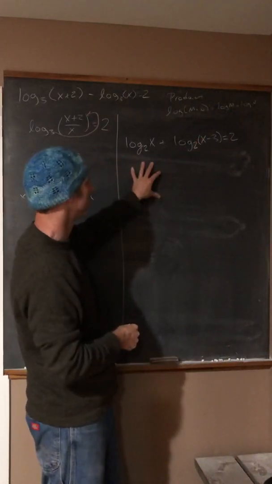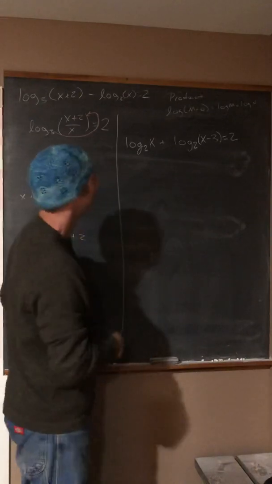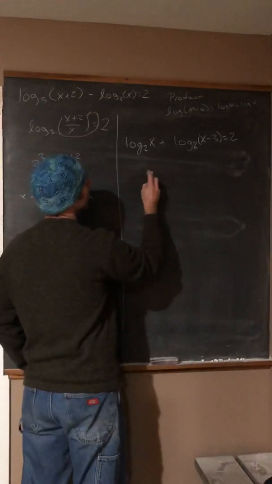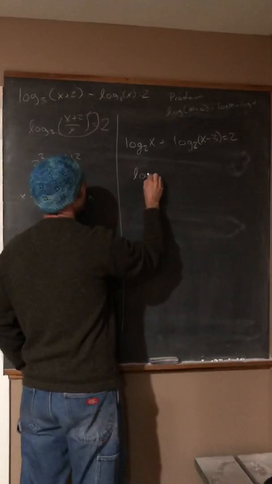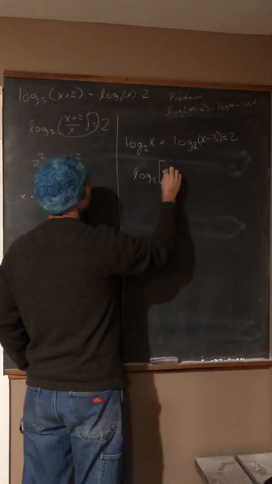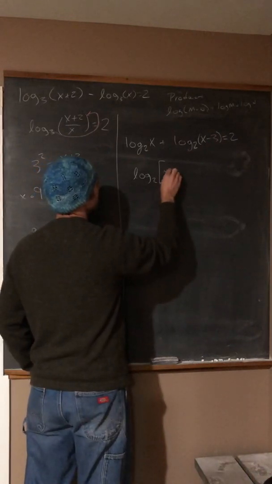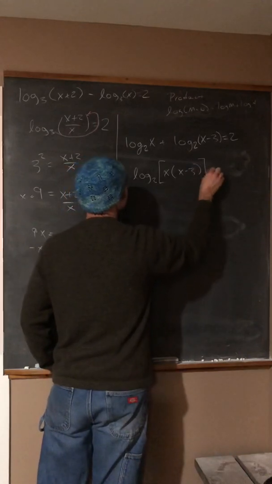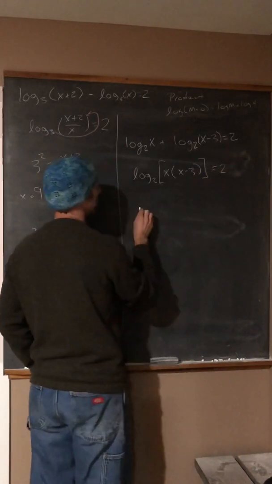I can do them once and then do them again, and just keep daisy chaining them. So, added, we're going to multiply them, so log base 2 of x times x minus 3 equals 2.